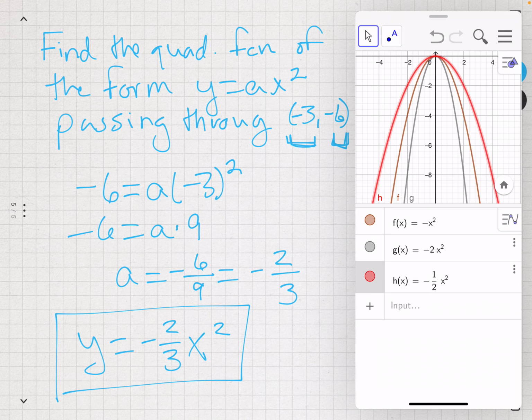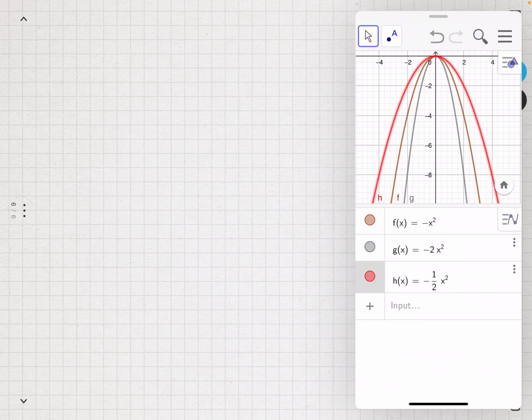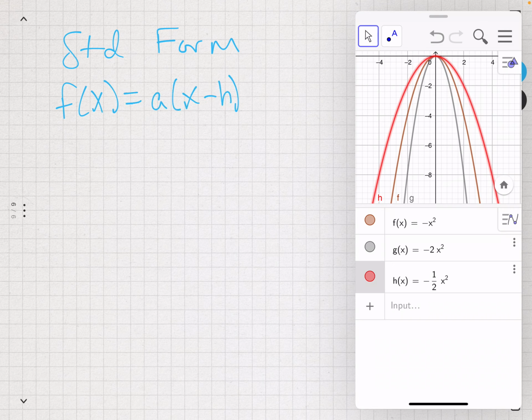And so whenever we're looking at a generic ax squared quadratic, it's relatively straightforward because all we need to do is find a. But what if we're working with standard form? So now we're looking at standard form, which remember means f of x equals a times (x minus h) squared plus k.